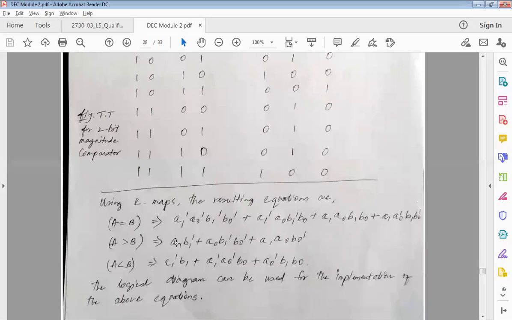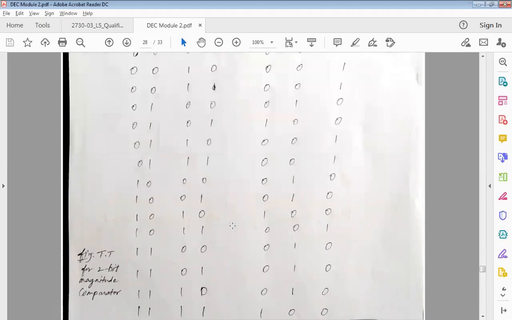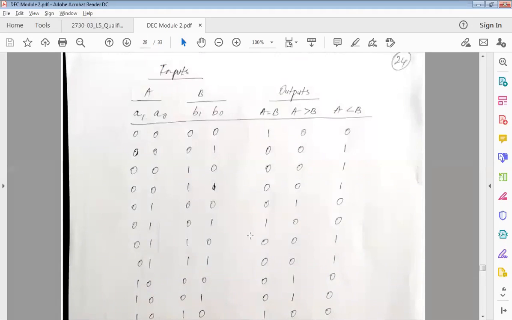The reason why I'm asking you students to do this is because this will revise your concepts on the K-map, on how to fill your K-maps, and how your truth table is obtained. The human mind is such that if you just see and leave it, you tend to remember only for a short period of time.